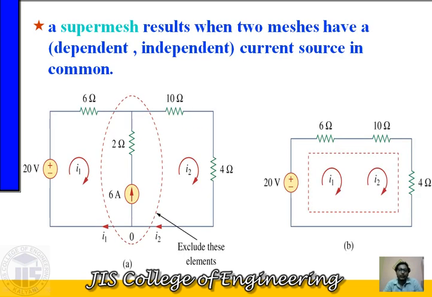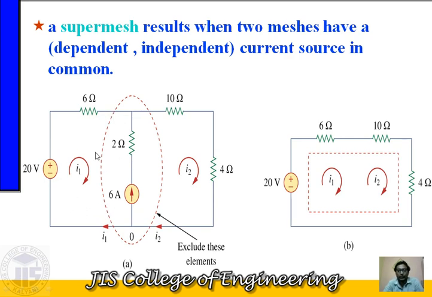Whenever these types of circuits are given, we cannot consider this first closed path as a mesh. Obviously it's a closed path, but as one of its branches has the current source, it's not possible to solve it directly by the mesh analysis method.